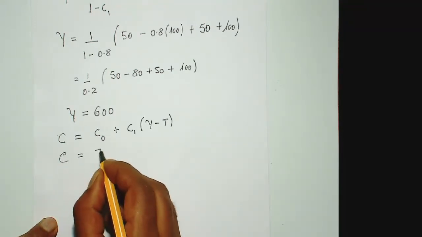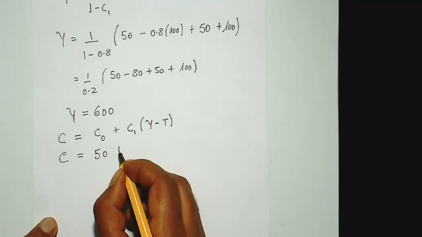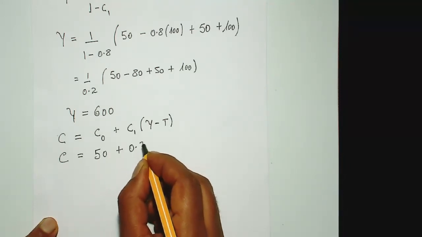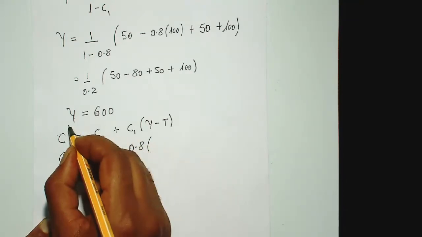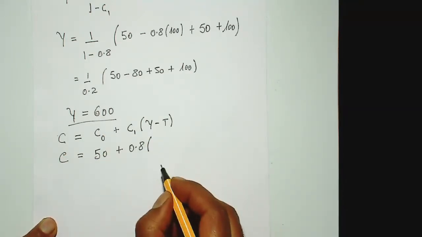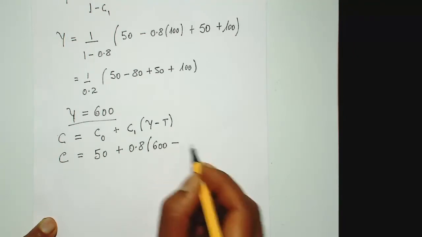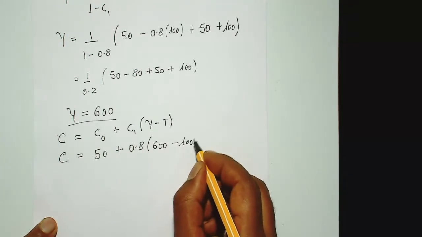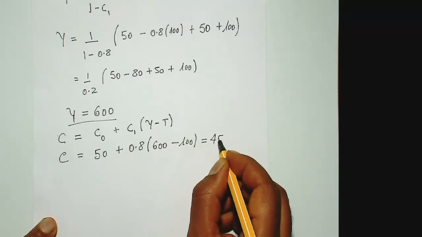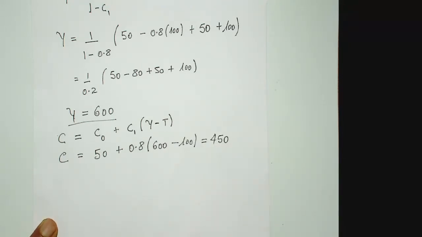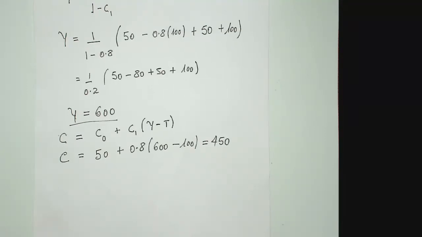So if we put in all the numerical values, our autonomous consumption is 50, marginal propensity to consume is 0.8, our income, which we got from the first calculation, is 600, our tax is already given to us as 100, and we would have a total value of consumption of 450. So the level of income in this scenario A is 600 monetary units. The level of consumption in this scenario is 450 units.